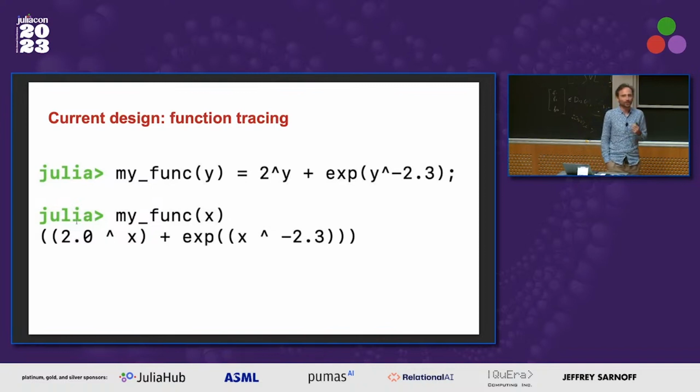And the answer to that is we do not. We only overload a very small subset of the Julia functions, just the basic nonlinear primitives like the trigonometric functions, log, exponential.